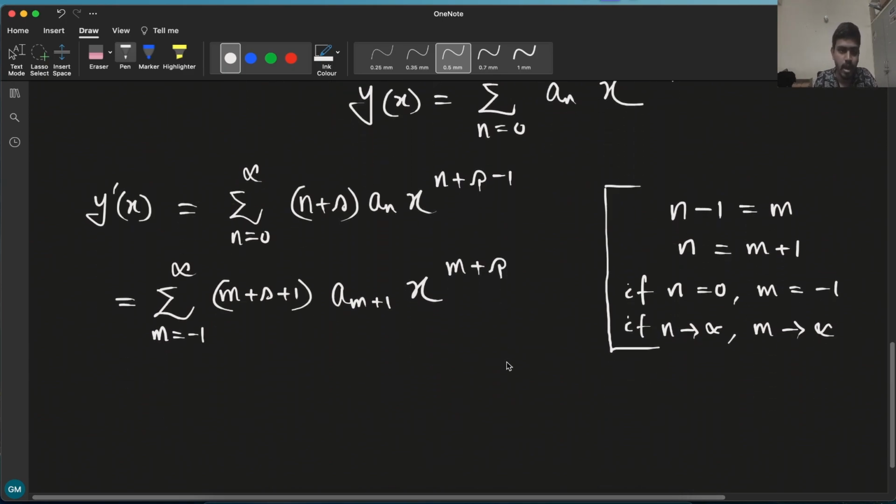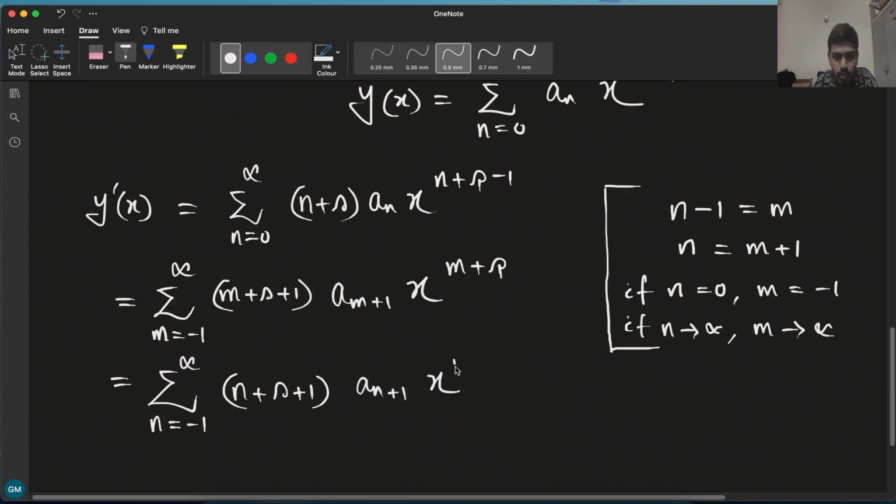Now m is a summation index, so I can just write it as the sum from n equals minus 1 to infinity of (n plus s plus 1) a_(n plus 1) x to the power n plus s. This is our y dash x.